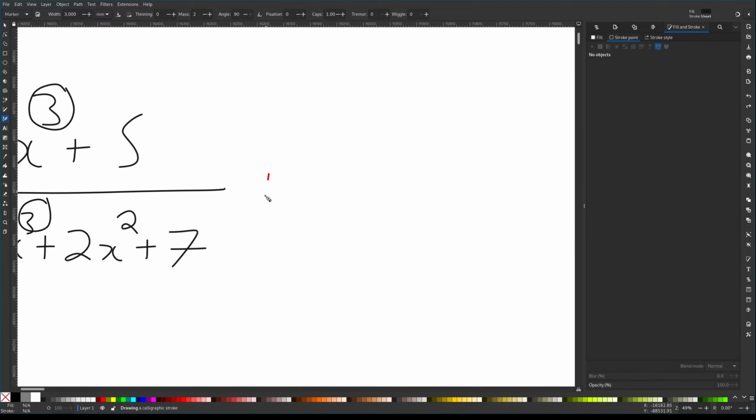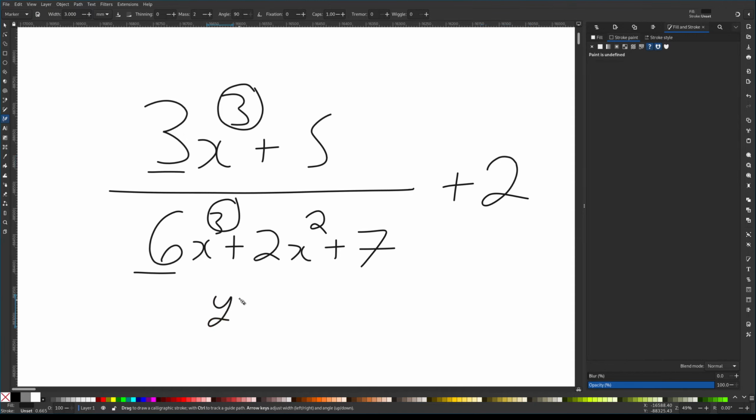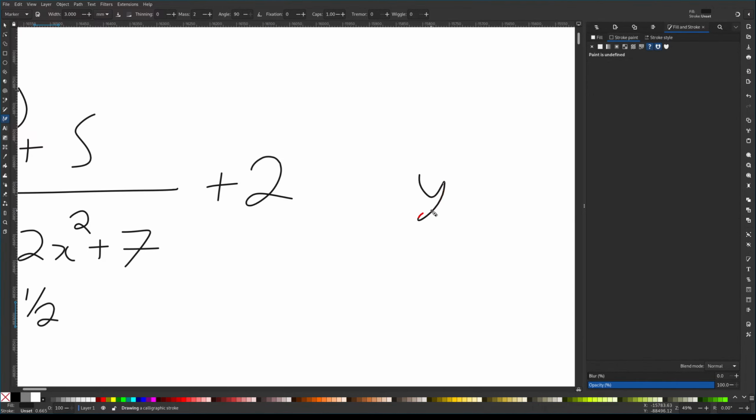And again, if we have a constant, plus 2, we will move it up. So if our horizontal asymptote is y equals 1/2, and we add a 2, our new horizontal asymptote is y equals 2 and 1/2, which is 2.5.